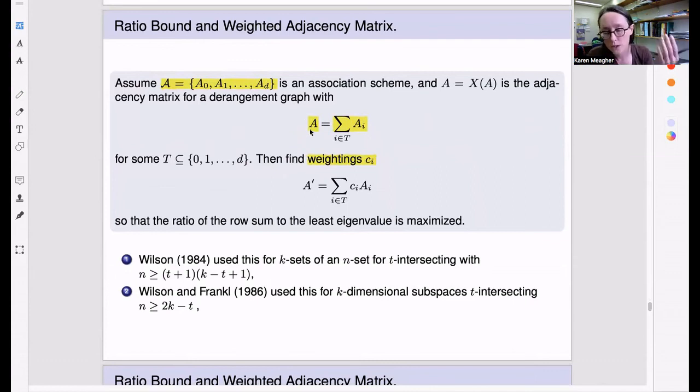So the adjacency matrix for my graph is the sum of matrices in my association scheme, and I can get a weighted adjacency matrix by weighting the matrices in the scheme. And what I want to do is find a weighting so the ratio bound gives me the greatest ratio between the degree and the least eigenvalue. And hopefully, if I'm lucky, the ratio bound will work with equality. This is what Wilson did. And then Wilson and Frankl did it a couple of years later for the k-dimensional subspaces of a t-space.